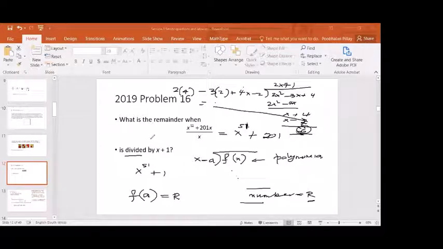This is x plus 1, but it's the same as x minus negative 1, you see. So there you have to do a little juggling there. So then the a value is now negative 1. Let me just get rid of all the other things here.